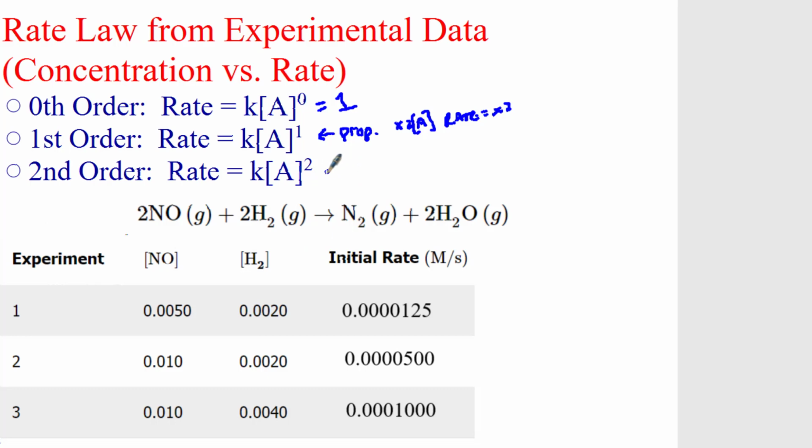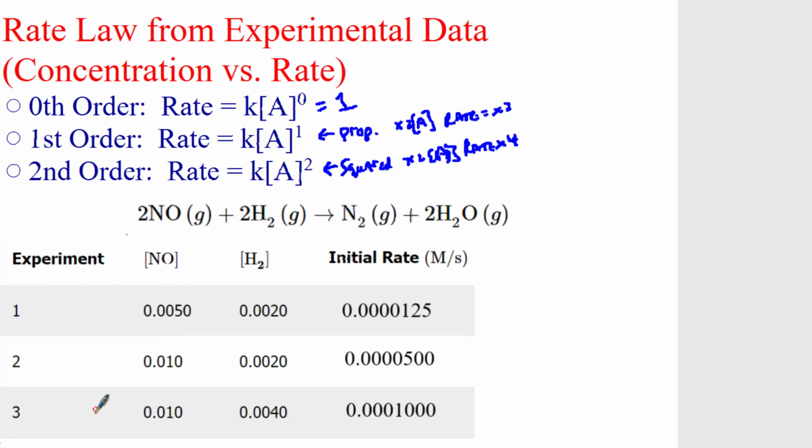And last but not least, we have what's called second order. Second order is a squared relationship, or a quadratic, which means if you double the amount of A, the rate is going to multiply by 4 times. If you triple the amount of A, the rate's going to go up by 9 times. It is going to be a squared relationship for this.